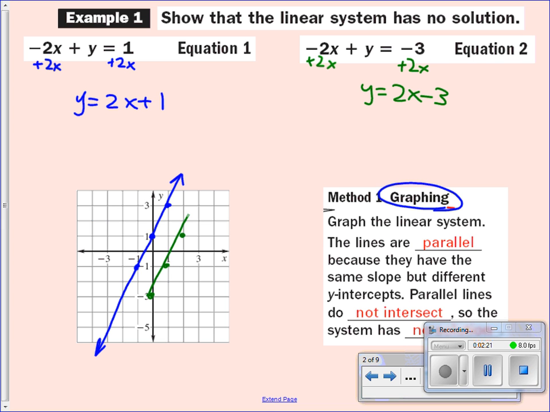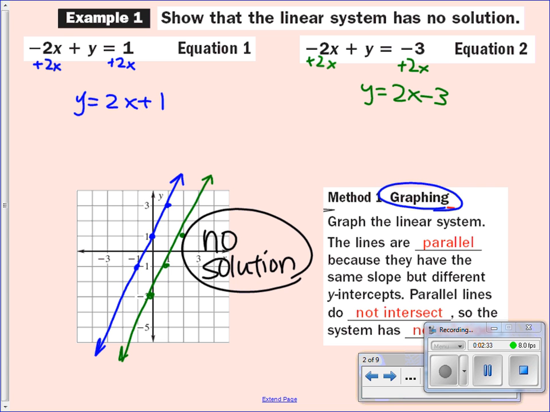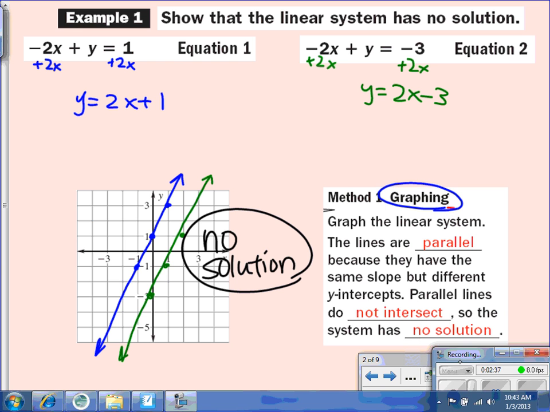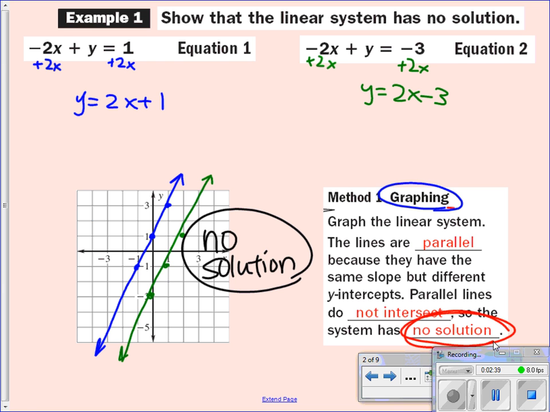And if you look at these lines, and I kept going with my points and I drew this absolutely perfectly, these lines are never going to intersect. There is no solution to the system, because they are parallel lines. So it says no solution. Now, I actually could have told you that there was no solution right here.